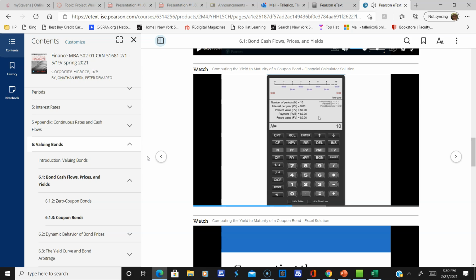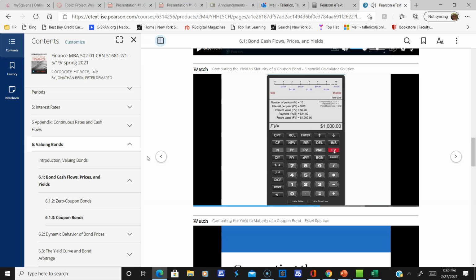Now the payment is the $11 that you get every 6 months. So that's our payment. And then the future value is that par amount you get at the end of 5 years, the 10th 6-month period of $1,000. So we get 1,000 future value.